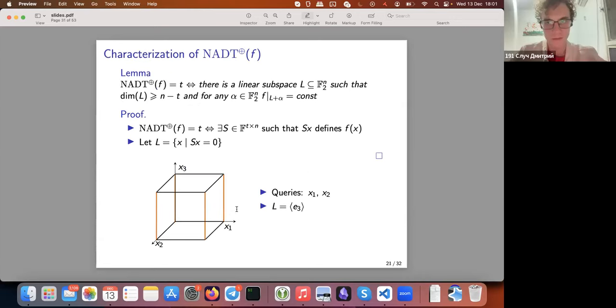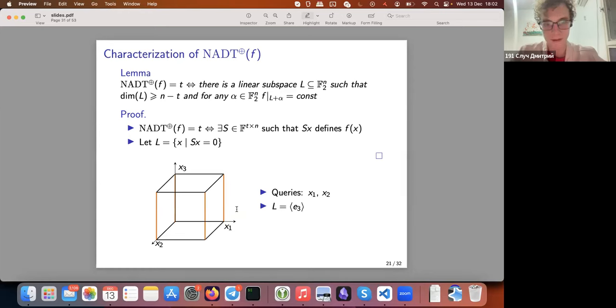And for decision tree complexity, we also make some characterization. If the non-adaptive parity decision tree complexity is equal to t, then there exists a linear subspace with dimension at least n minus t, such that for any coset of that subspace, f is constant on that coset.